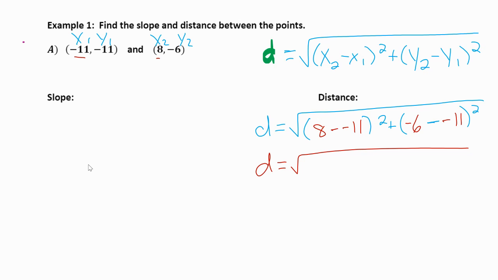The two subtractions become an addition, same thing here. And when we solve that out, we're going to end up with 19 squared plus, and then negative 6 plus 11 is going to be 5 squared.